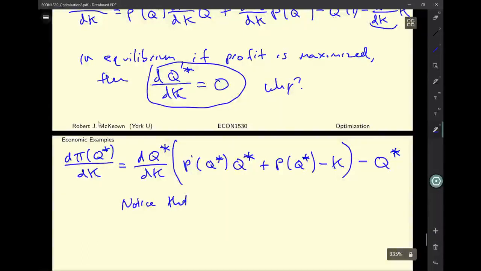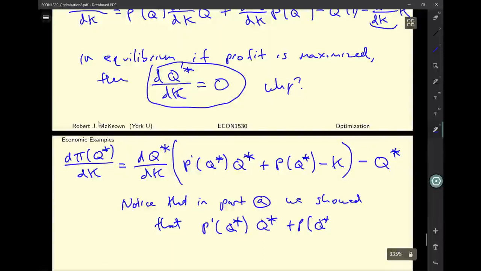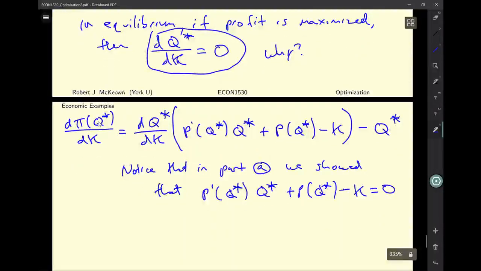Notice that in part A, we showed that P prime Q star plus P Q star minus K had to be equal to 0 for Q star to be a maximum, well, I shouldn't say maximum point, to be a critical point.